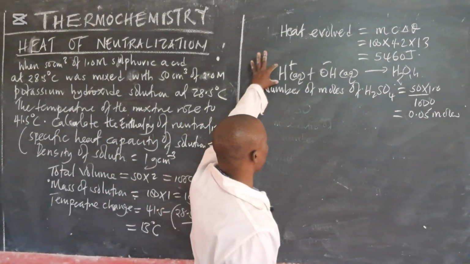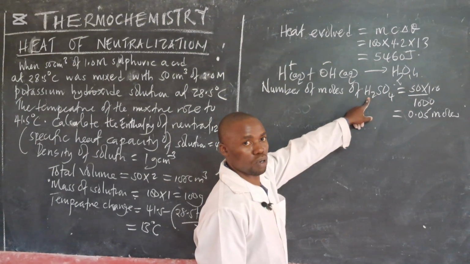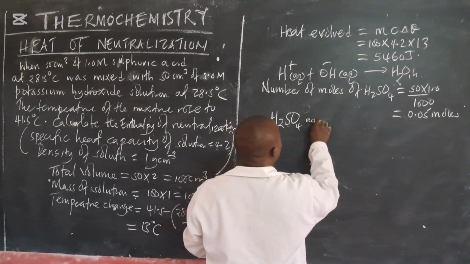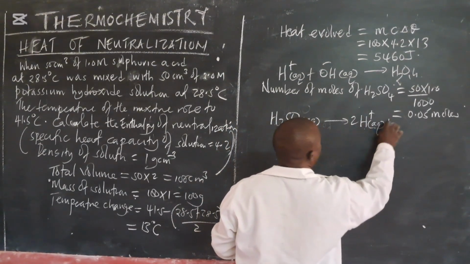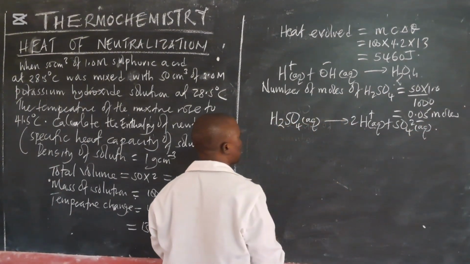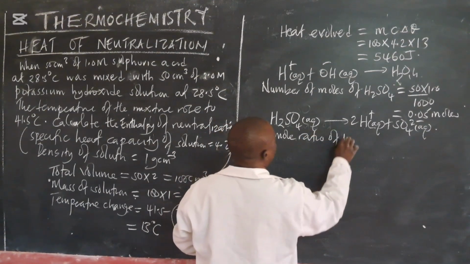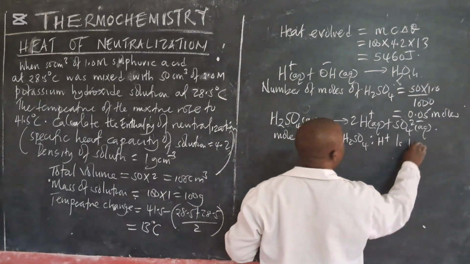Now, since our equation has hydrogen ions, we must look for the number of hydrogen ions in 1 mole of sulfuric acid. So ionized sulfuric acid, we produce this. So then molar ratio of sulfuric acid to hydrogen ions is 1 to 2.